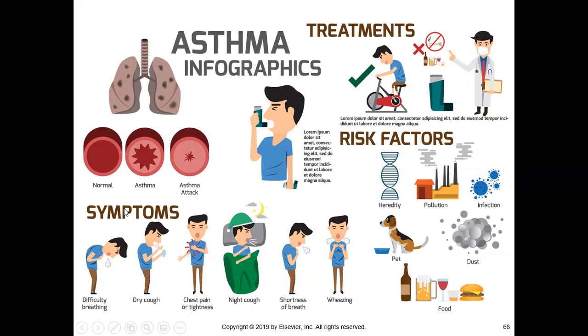Usually, the patient presents with some signs and symptoms, which we call data collection. What we can see in this picture: difficulty breathing, dry cough, chest pain or tightness, usually night cough, shortness of breath, and wheezing.